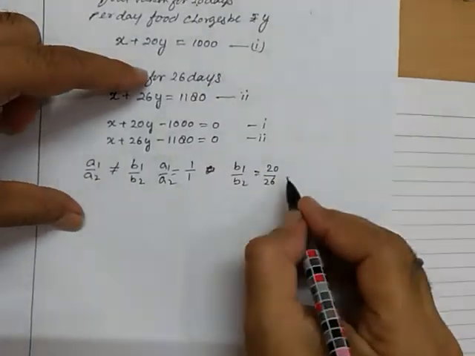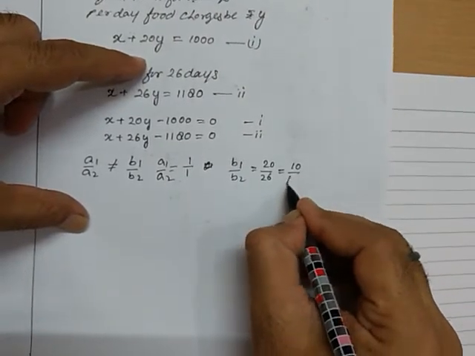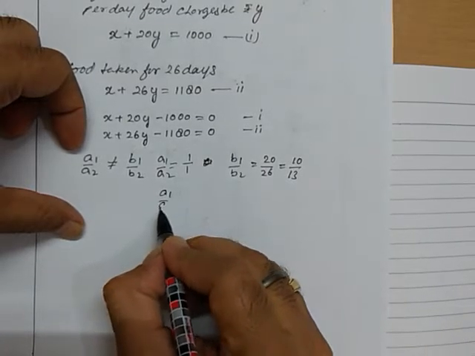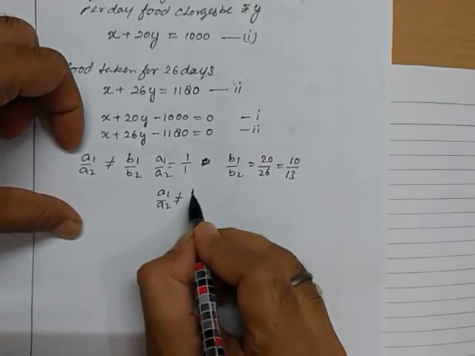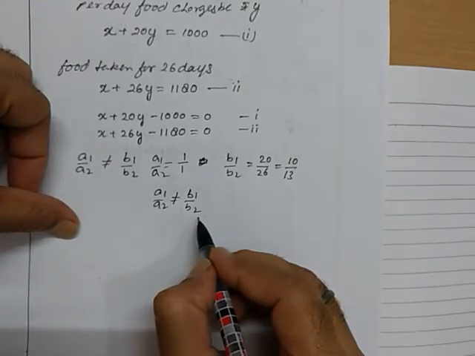If we simplify this, it will be 10 upon 13. So here we have a1 upon a2 not equal to b1 upon b2. That means the solution will exist.